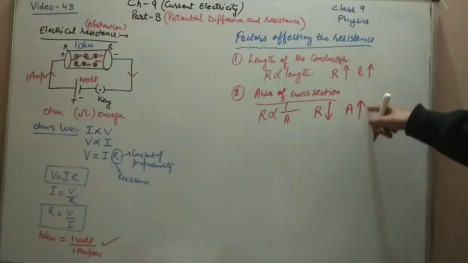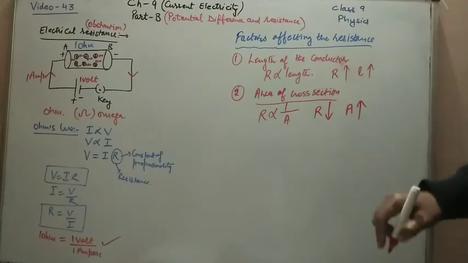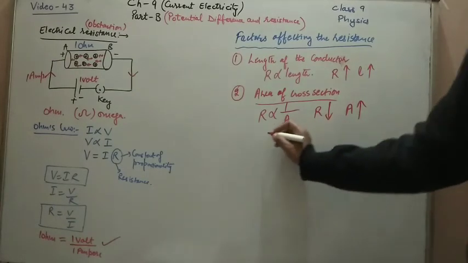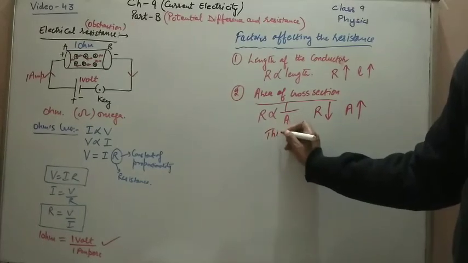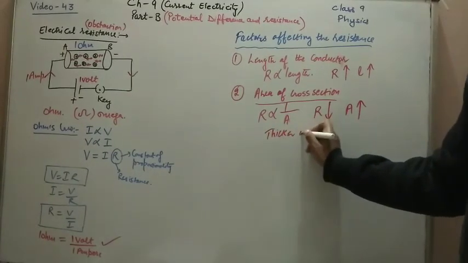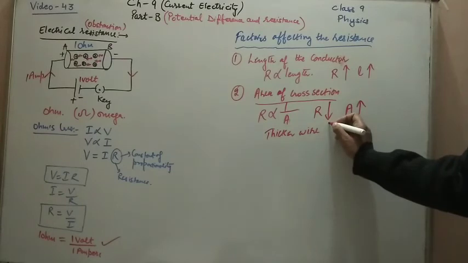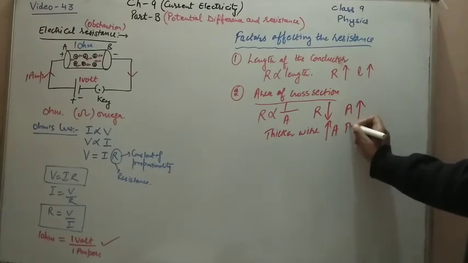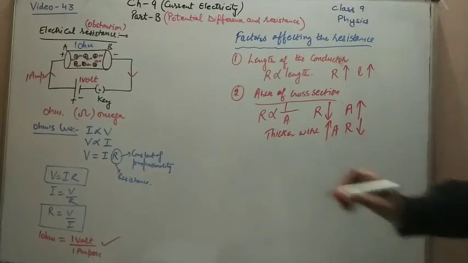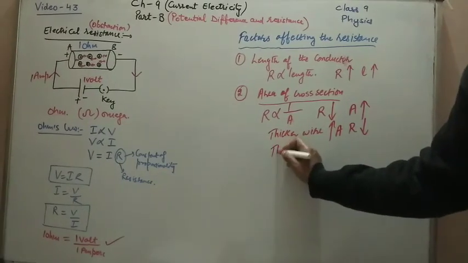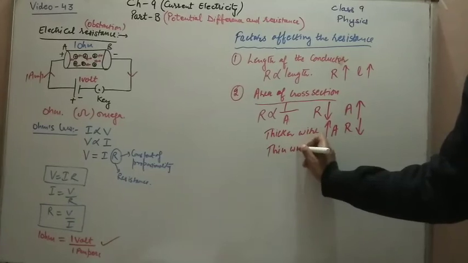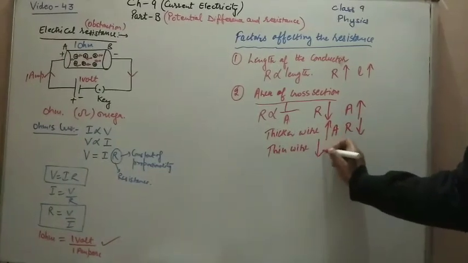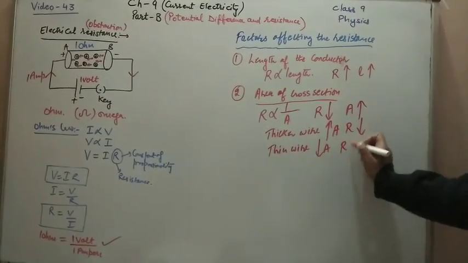If the area is less, resistance will be high. So a thicker wire whose area is more, resistance will also be less, and a thin wire whose area is less, resistance will be high.